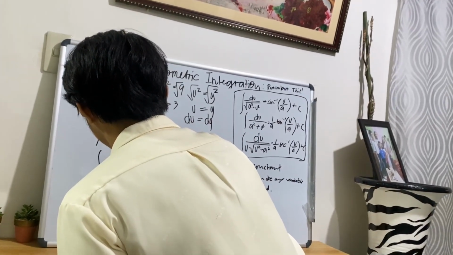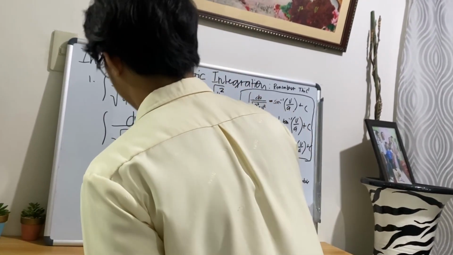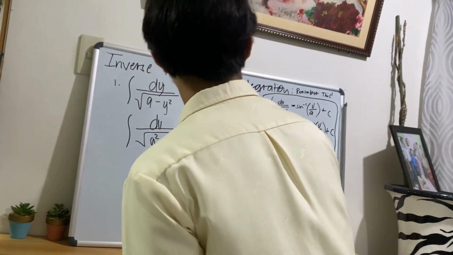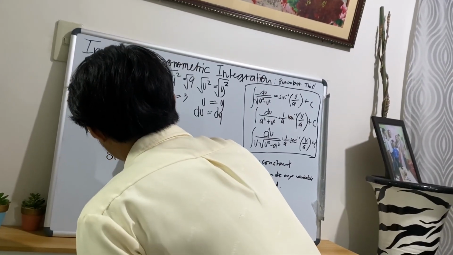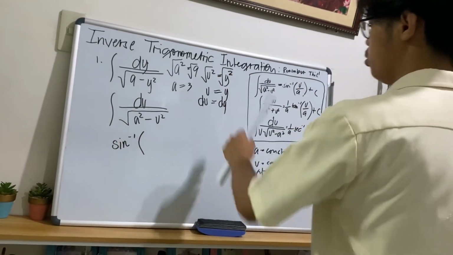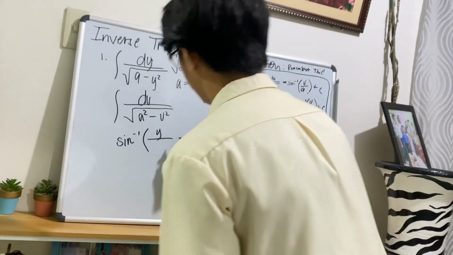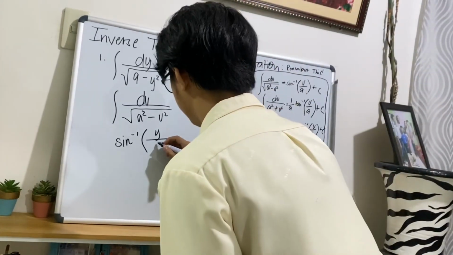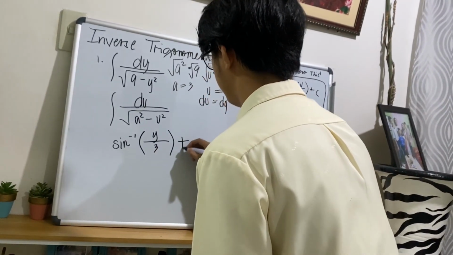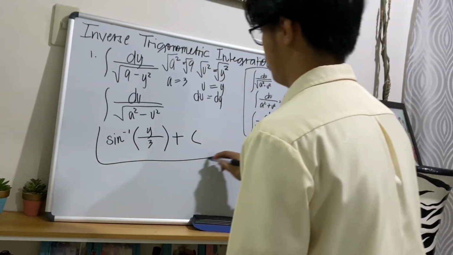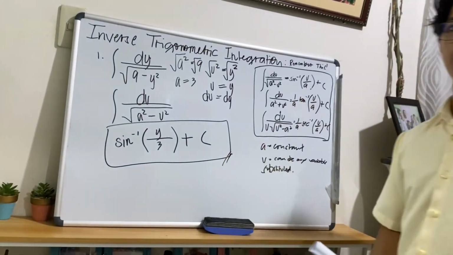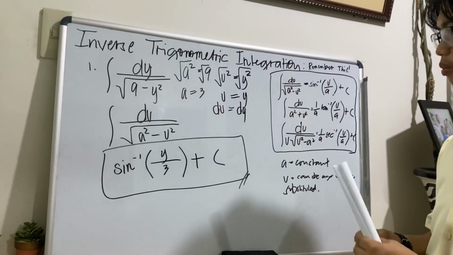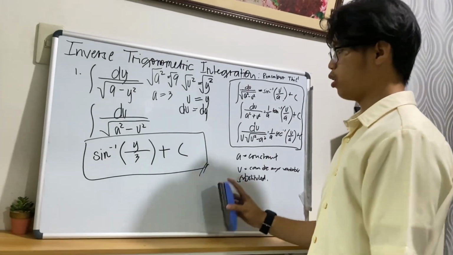We have arc sine. What is our u? y. Our constant is 3, plus c. So this is our final answer for example number 1. Let's have more examples.